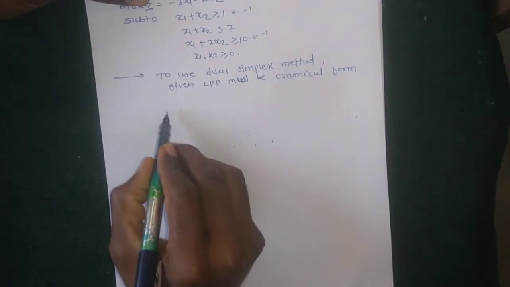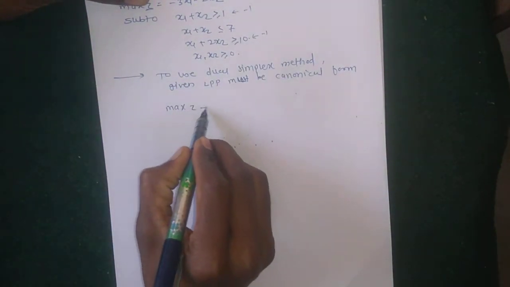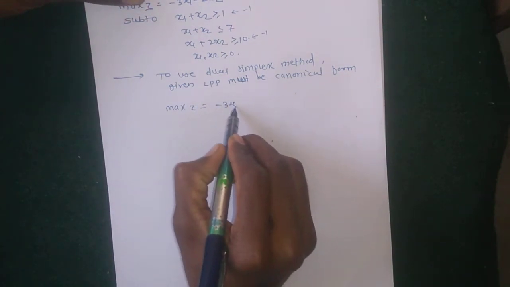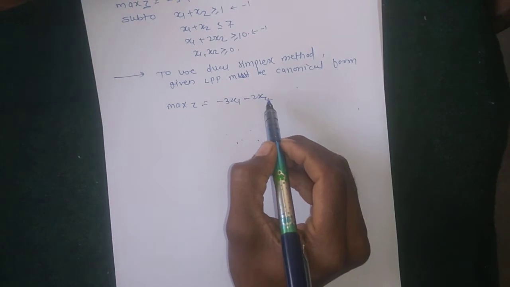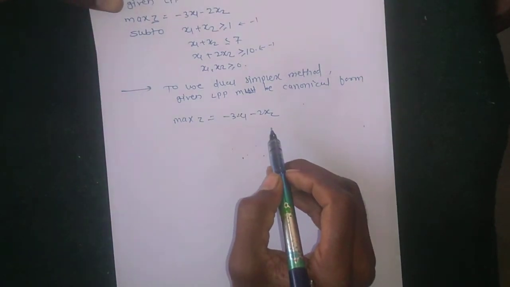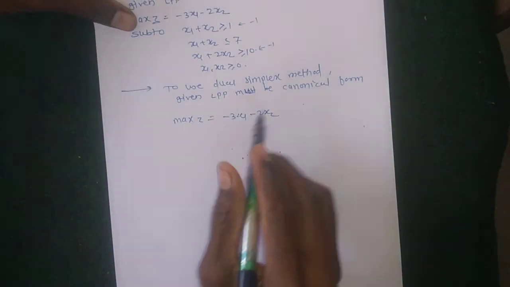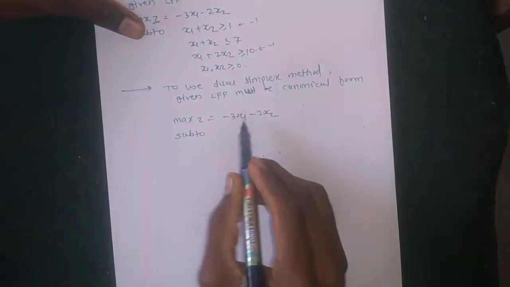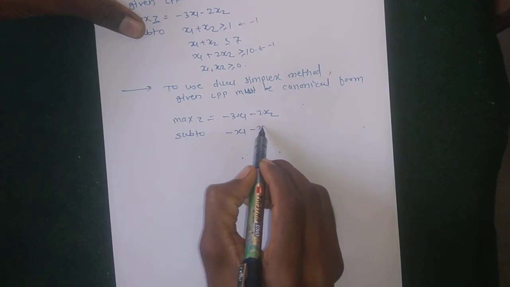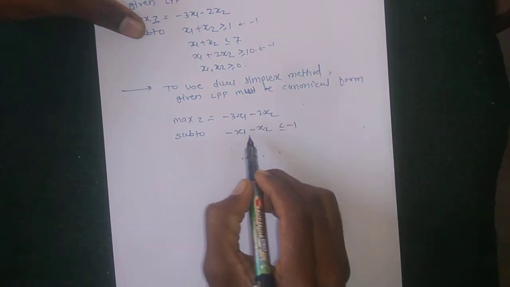So here maximize z equal to minus 3x1 minus 2x2, subject to: multiplying the first constraint by -1, we get minus x1 minus x2 is less equal -1.